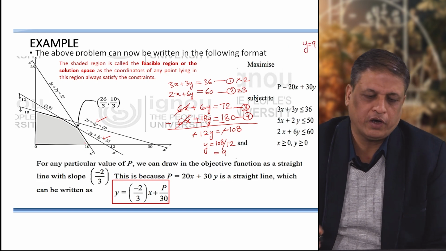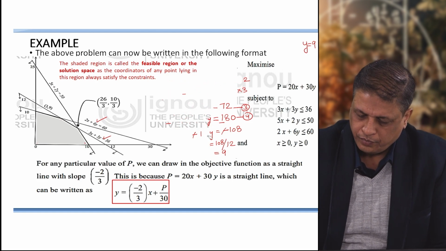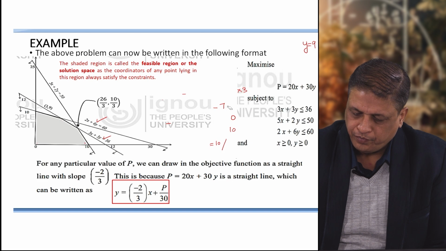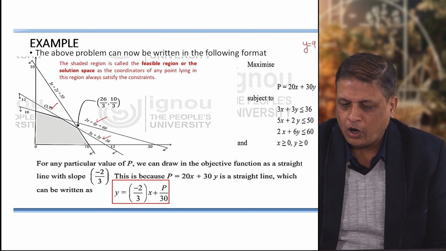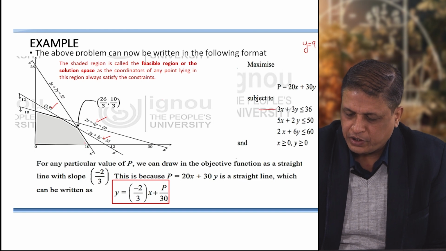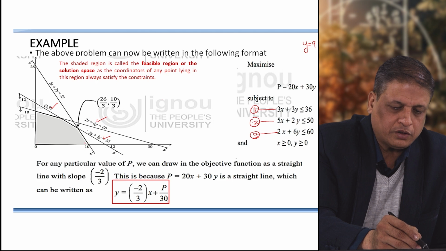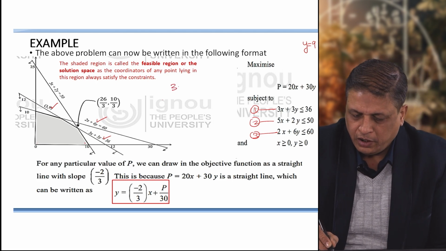I hope you understand how we got y is equal to 9, and y is equal to 9 is just the y coordinate component shown at the intersection of the 2 lines, that is this point. Now, how did we get x is equal to 3? Substitute y is equal to 9 in any of the equations, be it equation number 1 or equation number 3. Let us substitute it in equation number 1: with y is equal to 9, you will get 3x plus 3 into 9 is equal to 36.